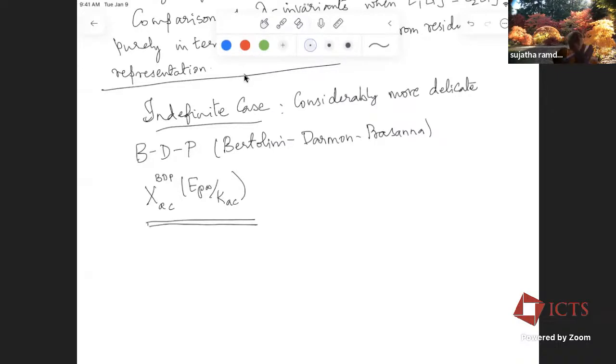And then hopefully compare the classical Selmer group with the Bertolini, Darmon, Prasanna Selmer group, and then recover what one can say about the comparison of mu invariants and the comparison of lambda invariants. Again, instead of working with E[p^infinity], working directly with E[p].